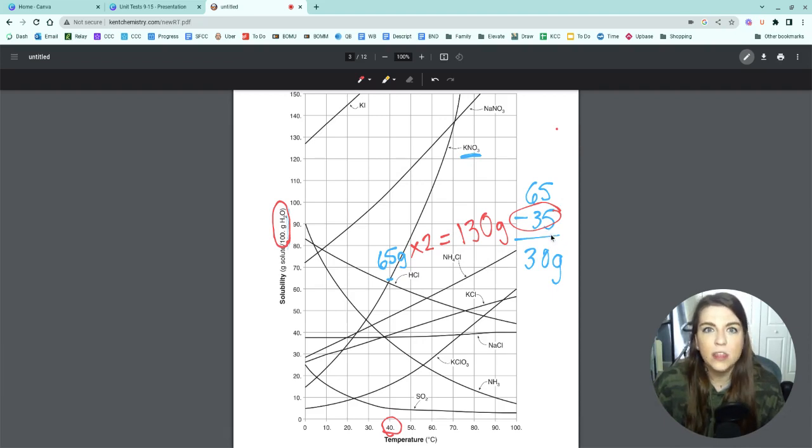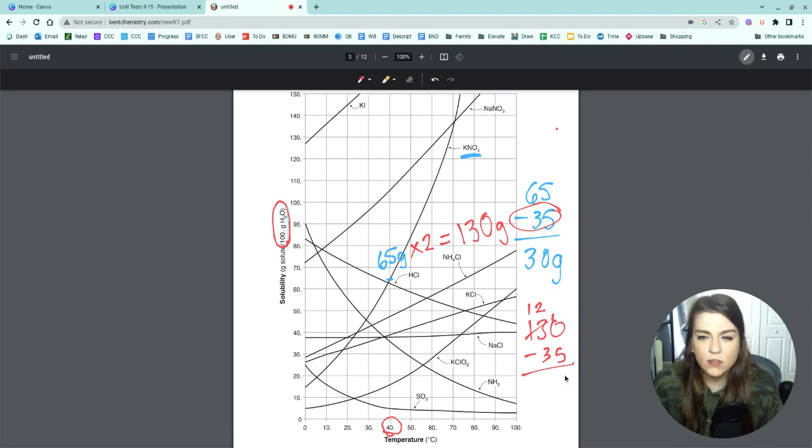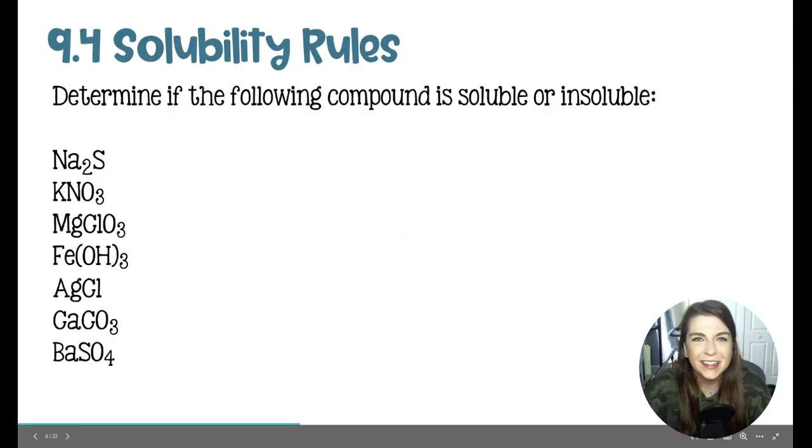We still have the 35 grams that are in there, so our solution now is a lot less concentrated. And if we did the 130 minus the 35, that would tell us the new addition that we can add to the solution before it's saturated. So we would make this 12, and then this is 10. 10 minus 5 is 5. 12 minus 3 is 9. The answer there would be 95 grams.